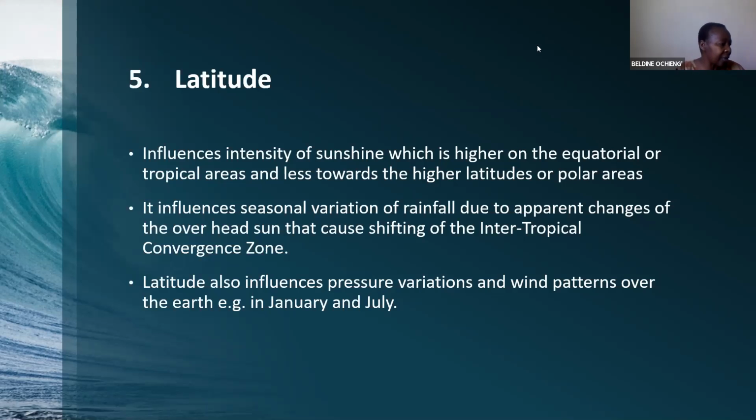Like in January, January is very close to December 22nd. From December, it is going anti-clockwise. So we will be having December, then January. January, it is still winter in the northern hemisphere. That means the sun is on the southern hemisphere.